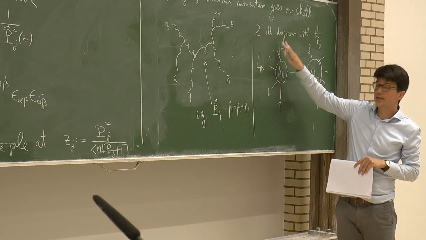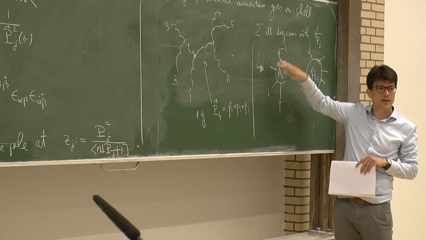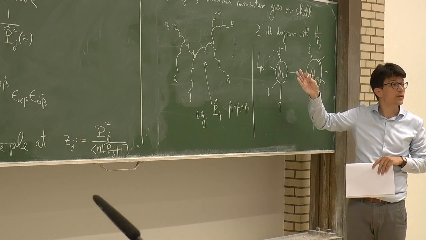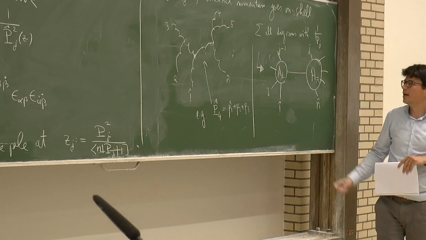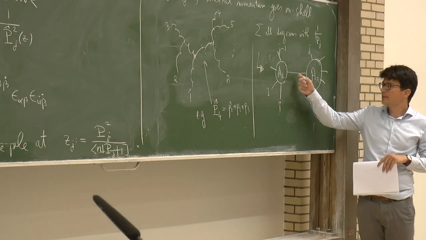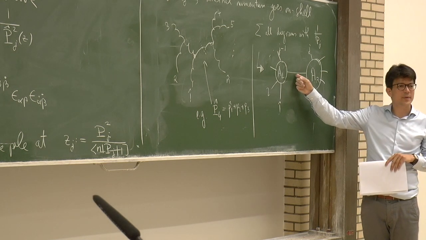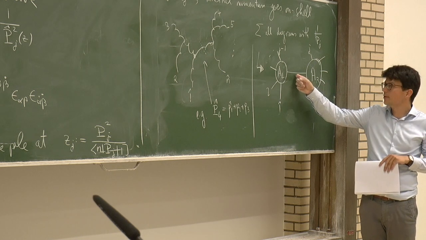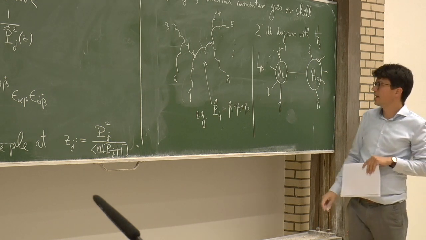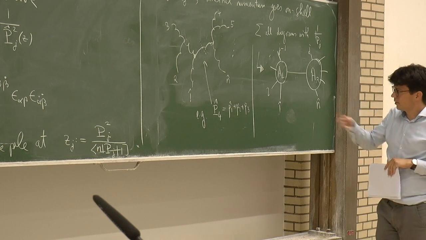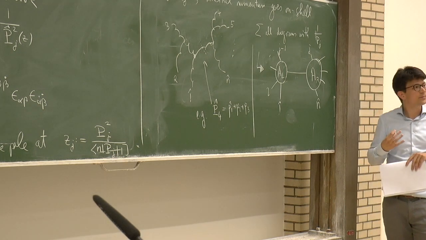For the external states, we specified some helicity. I told you it didn't matter which it was, but they do have some definite helicity. But this internal line, so far it's on shell, but I didn't tell you yet what the helicity degrees of freedom were.